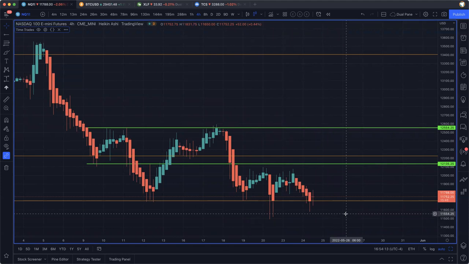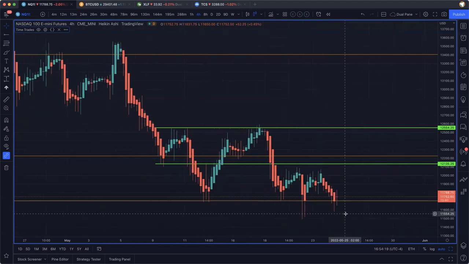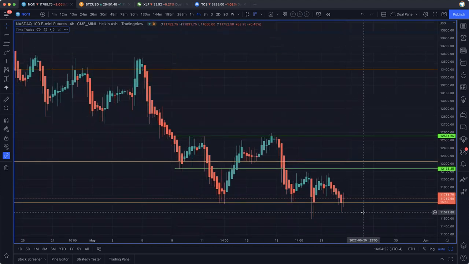So when you have a stock making new all-time highs, there are still magic levels above it that kind of magically identify resistance levels, even for stocks making new all-time highs. And you can see here the price action of the NASDAQ futures right around this magic level at 11,700. Very strong support.